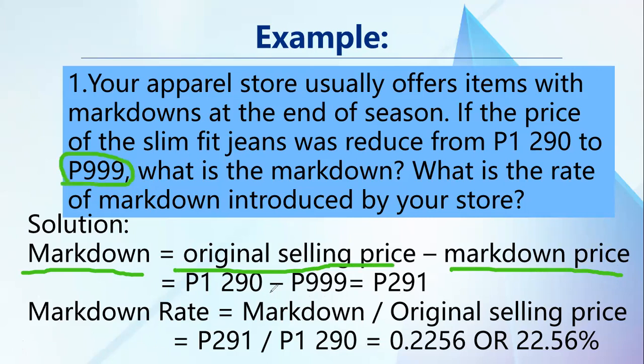So 1,290 minus 999, that is equal to 291. To find the markdown rate, markdown is divided by the original selling price. So markdown divided by original selling price. So to get 22.56%.